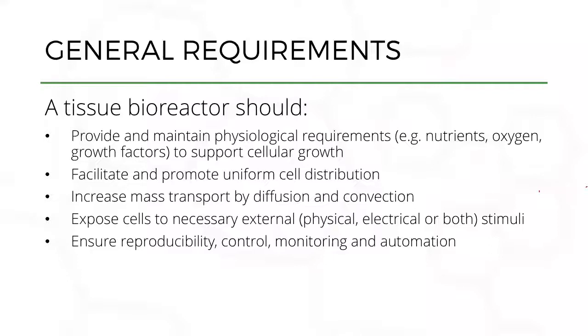As a result, a lot of the static cultures do not provide homogeneous cell growth within the construct, and you often get a necrotic center or uneven cell growth inside the construct. In a tissue bioreactor, there's an opportunity for us to increase mass transport by either diffusion or convection.